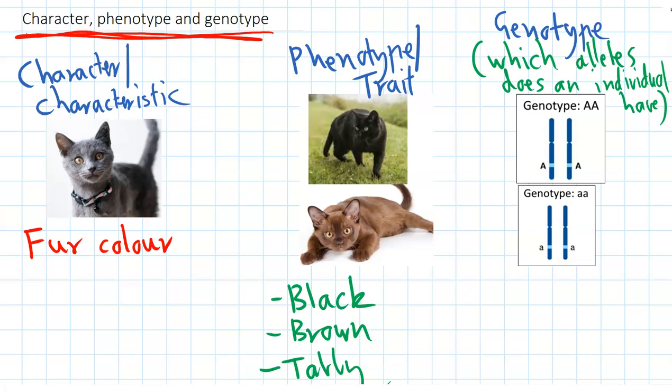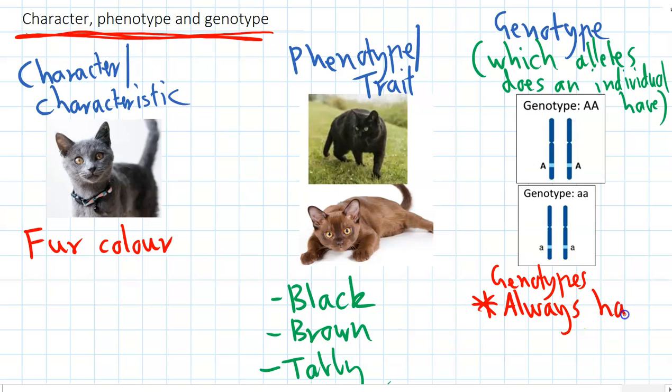Because remember, we've got 2 copies of every chromosome in our cells, so that means we're going to have 2 alleles for every gene in our body. Except for the sex chromosomes, that comes later. Just for now, we're assuming we've always got 2 copies of every allele. So genotypes always have 2 alleles.